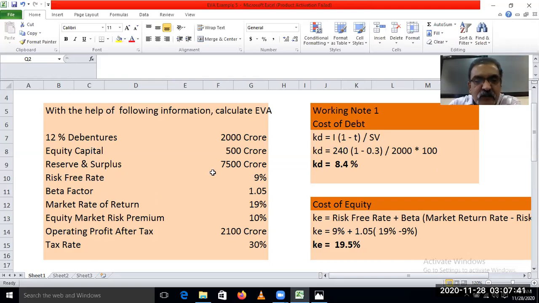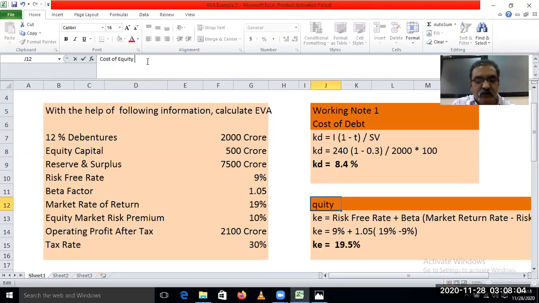Neither dividend per share, nor market price per share, nor earning per share, nor growth rate is given. But some new information is given: risk-free rate, beta factor, market rate of return, and equity market risk premium.